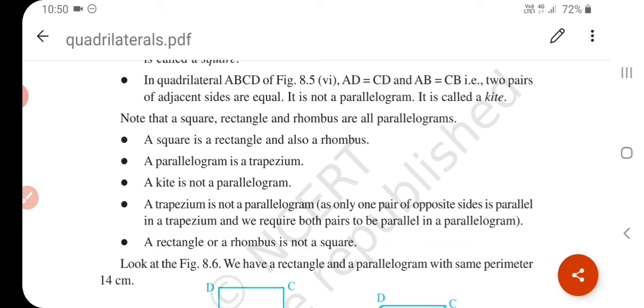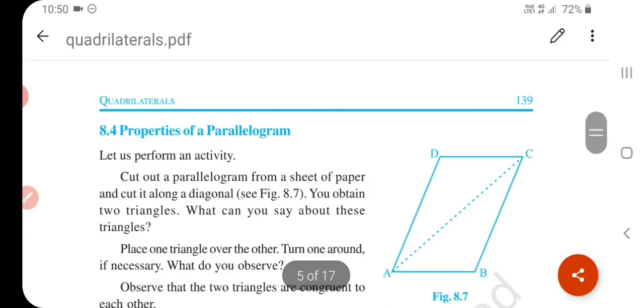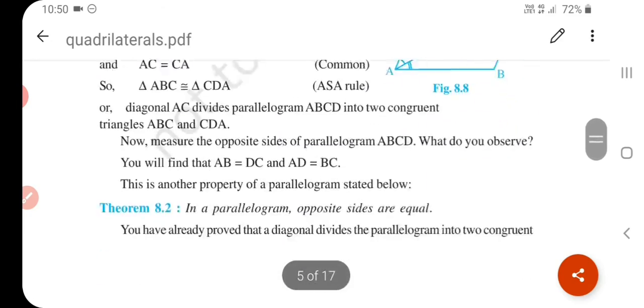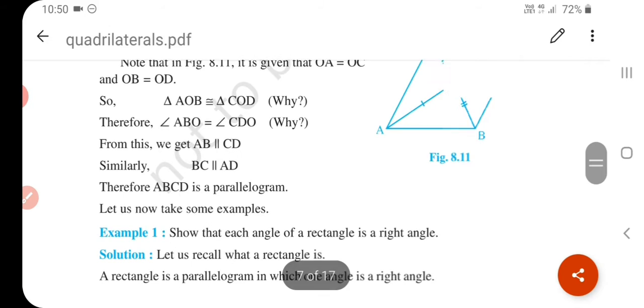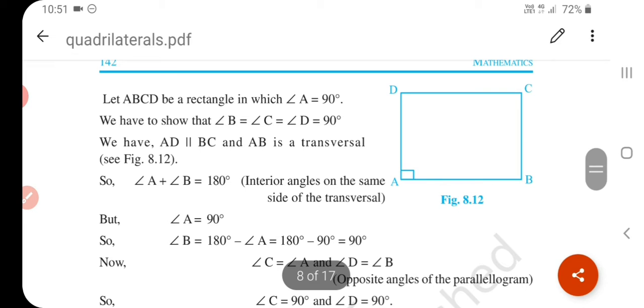In the adjoining figure, if we talk about a rectangle, then angle A is equal to angle B is equal to angle C is equal to angle D, and all the angles will be 90 degrees. Okay, understand? The diagonals of a rectangle are equal, so if there are two diagonals AC and BD, then they are both equal in measure.